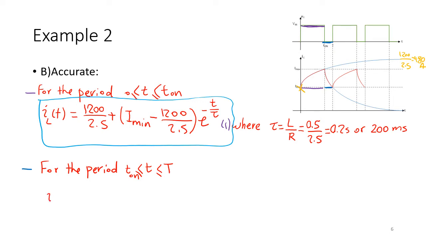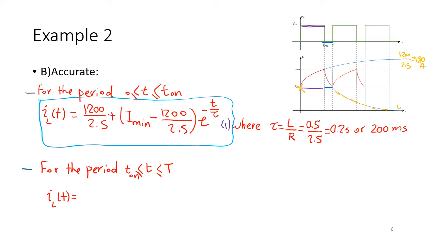this time IL of T is equal to the final value. If we haven't turned off G2 at T, if we let the switches remain forever, and don't change the situation at T equal capital T, the current goes to 0. The inductance discharges fully into the resistance in the circuit.